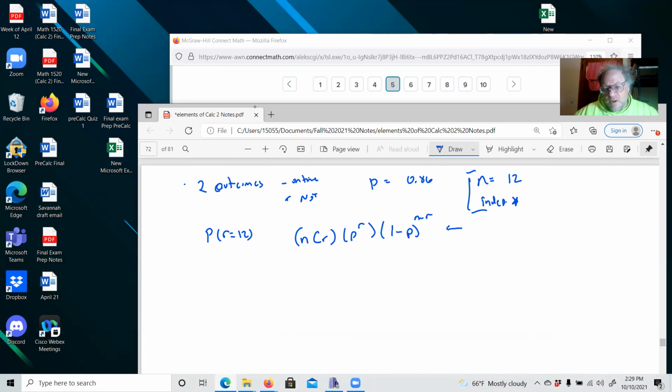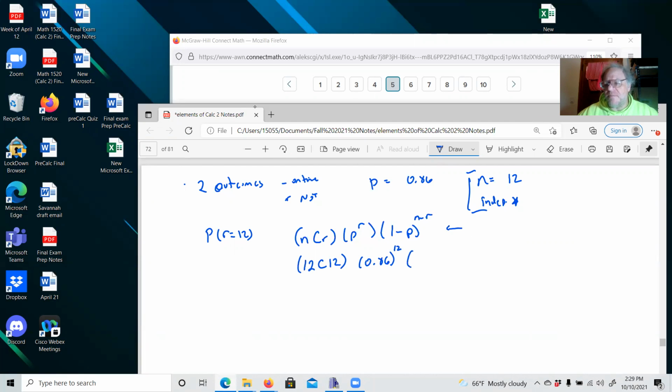So for R equals 12, we're going to say, well, how many flights total? We have 12 flights. We're going to say 12 choose 12. Okay, P was going to be 0.86 raised to the, how many successes did we want? We want all 12.